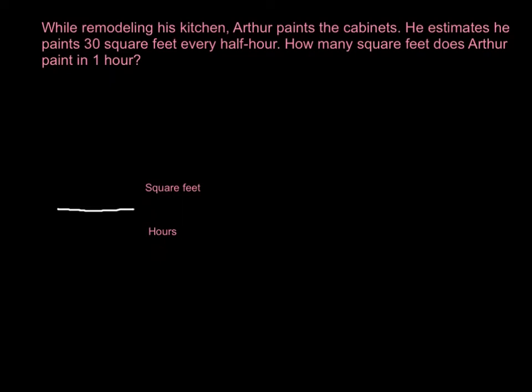So let's set this up like we did again, action over a period of time. Okay, so 30 square feet every half hour. So I'm going to put 30 in my numerator. 30 square feet every half hour. Okay. Now what I'm going to do is divide both of these by the denominator.